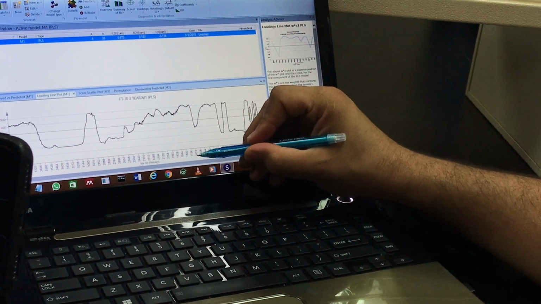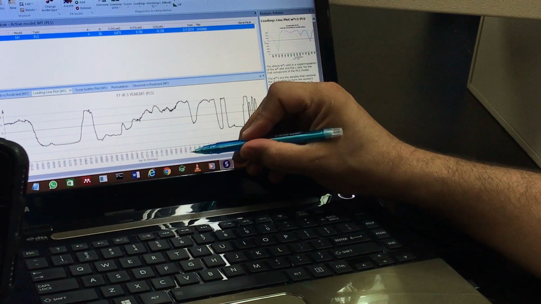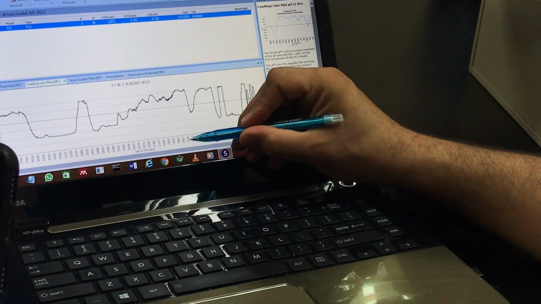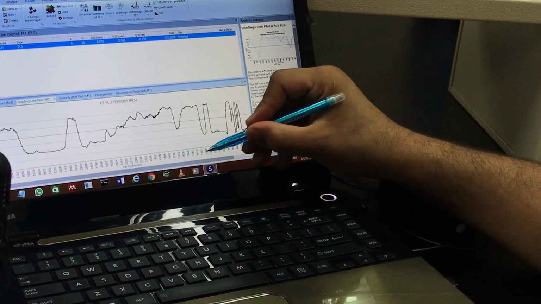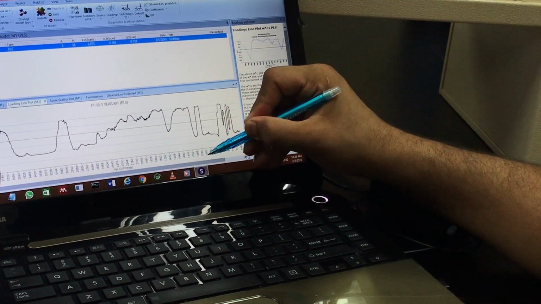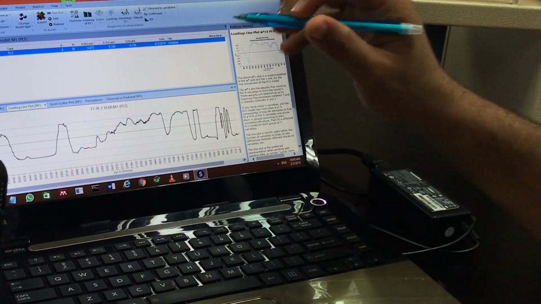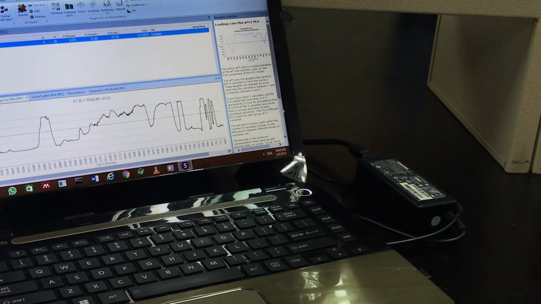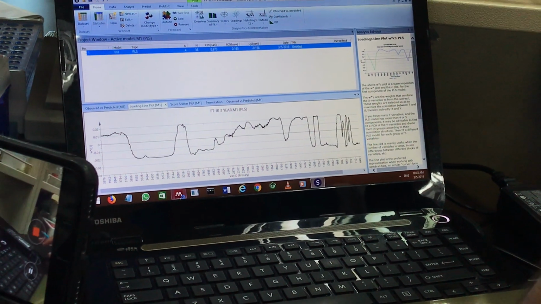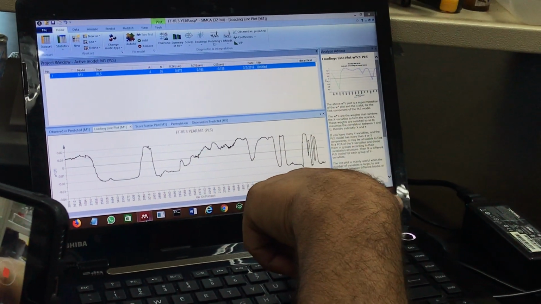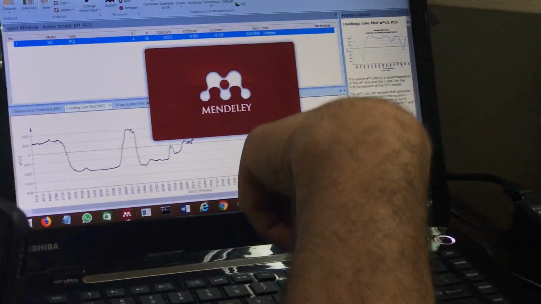Here, 1700 is the C double bond O. This is like 1160, this one CO. And 1060 CO. This is above one, up.